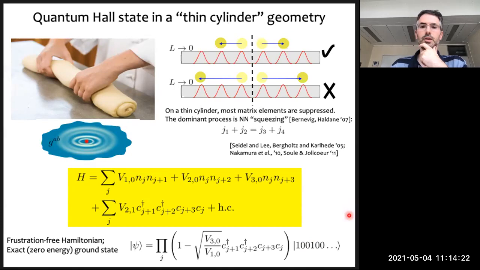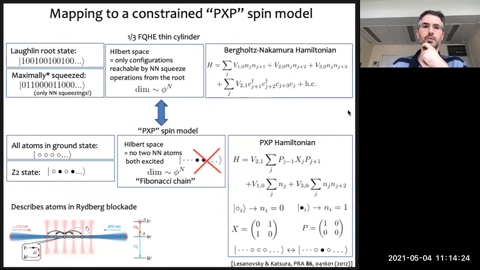So the mapping to the spin chain goes as follows. What turns out is that this quantum Hall model in the thin torus limit maps to a particular spin model, which is called the PXP model. And this model has recently been studied a lot because it describes Rydberg atoms in the strong Rydberg blockade regime.